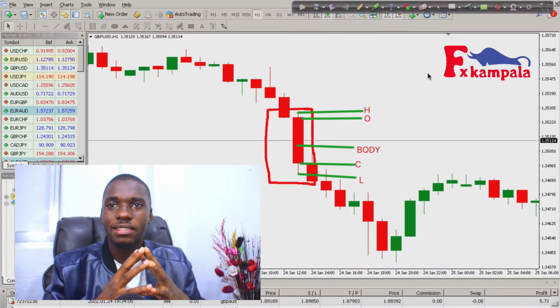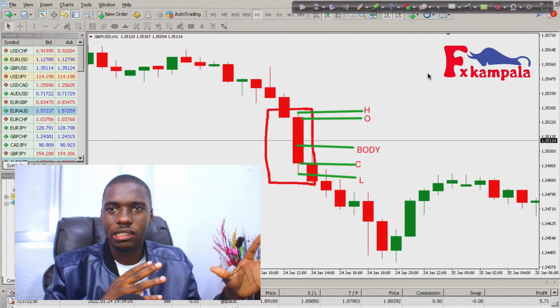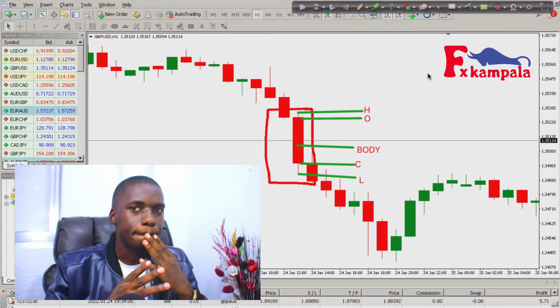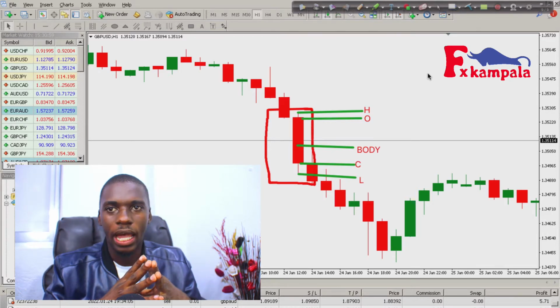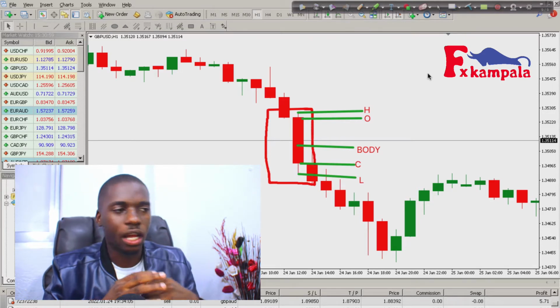So as you can see, this is our platform. This is the normal chart, and the pair is GBP USD. When you look at this particular candle, it has the high, which I denoted by H. It has the opening, since it's a bearish candle.